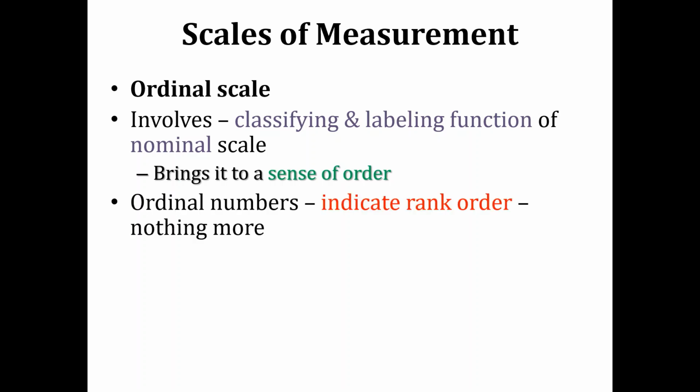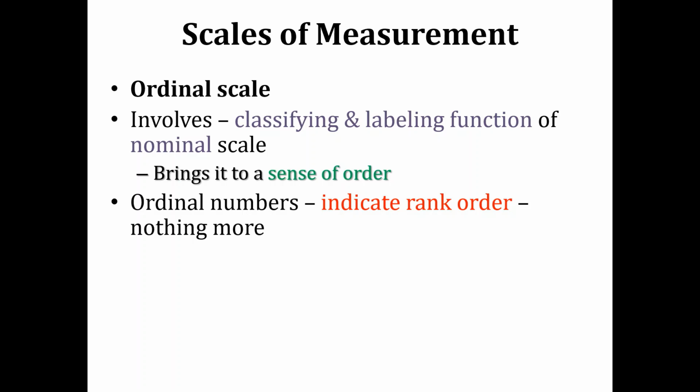So ordinal numbers indicate a rank order, but nothing more. In the nominal scale, we can substitute the names of the categories by numbers, but those numbers don't have an order, and even if you write 1, 2, 3, or 3, 1, 2, that is not going to change the meaning. But here in the ordinal scale, the numbers have significance in the sense that they represent the order in which the categories have to be placed.